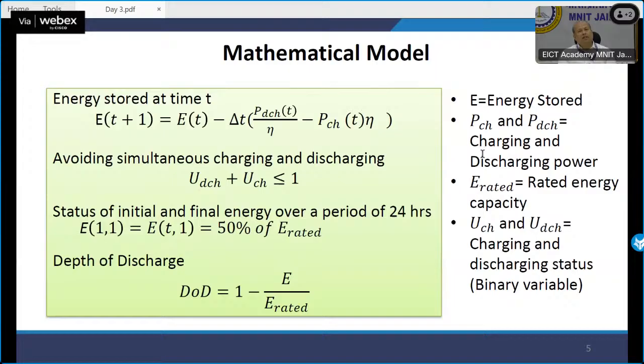But at the time of discharge, what happens actually? If I am interested to discharge PDCH, then probably I have to discharge more than PDCH to make PDCH available to the grid, okay? So if I say efficiency is 80%, then 1.25 times of PDCH I have to discharge to make sure the grid truly gets 1 times PDCH.